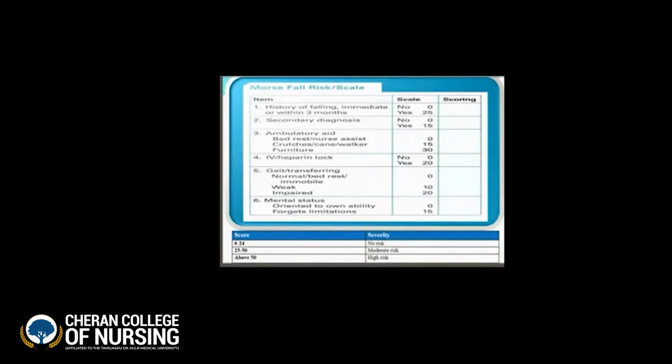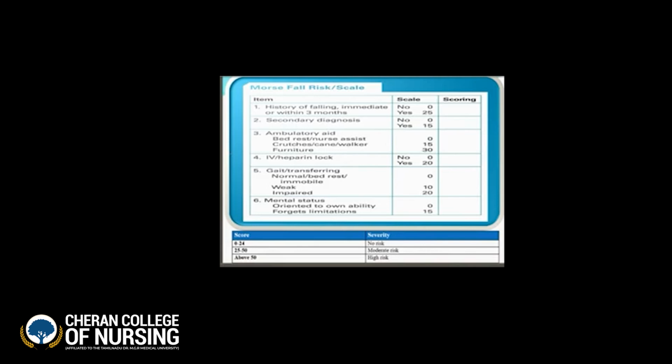And this is the Morse fall risk scale. The history of falling immediate or within 3 months: if there is no history, 0, and if there is a history, the score is 25. Secondary diagnosis, if present, 15. Ambulatory aid: bed rest, nurse assist, crutches, cane, walker. So according to the usage, the score is given. And IV, heparin lock, gait transferring: normal, bed rest, immobile, weak, impaired.